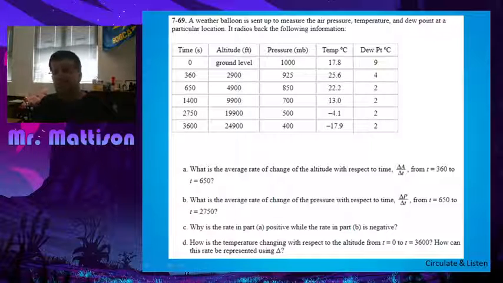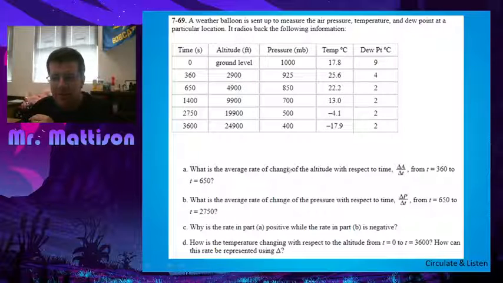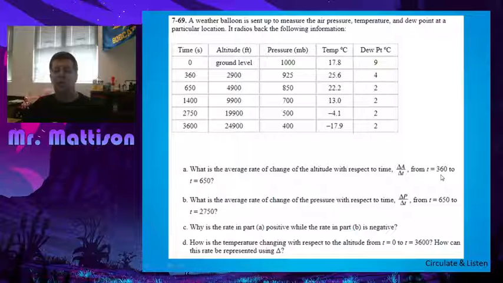Okay, so on this one, A, what is the average rate of change of the altitude with respect to time? That's delta A, my change in altitude, over my delta T, change in time. So from 360 to 650.